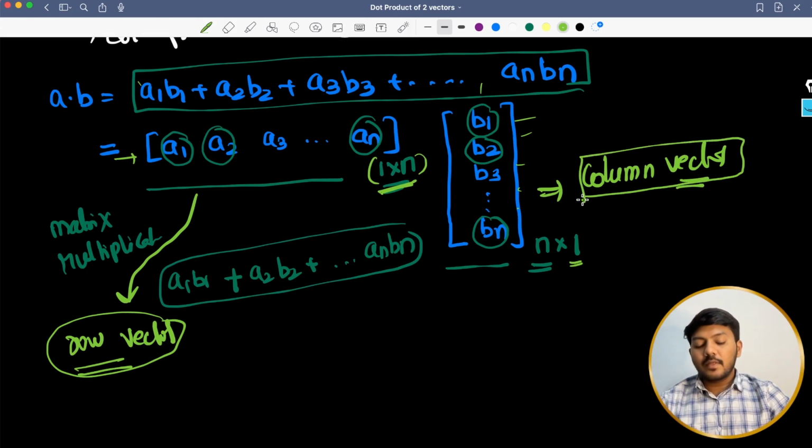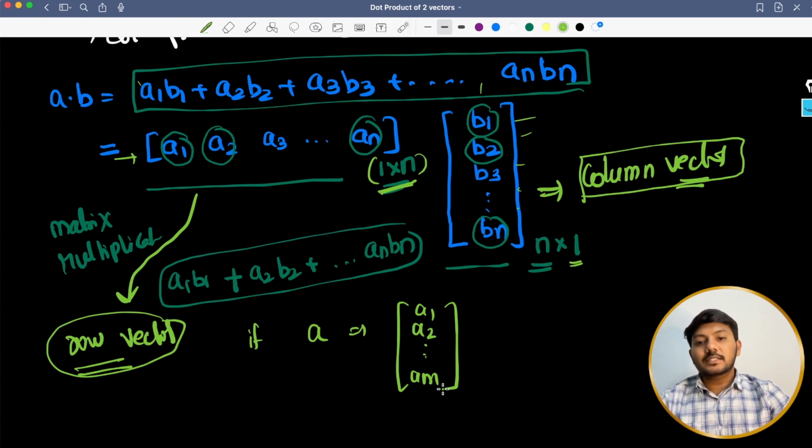Is that clear? And one more thing that I want to say is, in general, whenever someone specifies a vector, that means by default it is a column vector. Unless they specify it specifically as a row vector, you have to take it as a column vector. So let's say if someone says there is a vector a, that means this is a column vector by default.